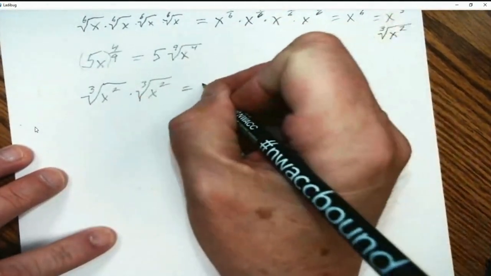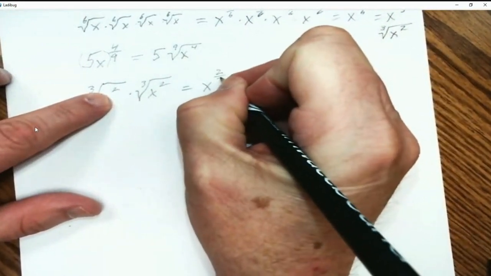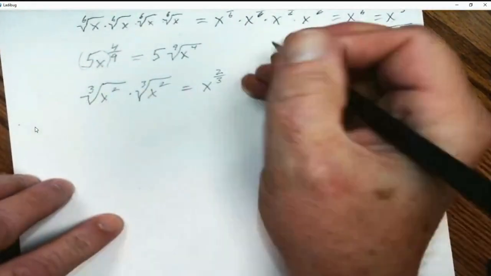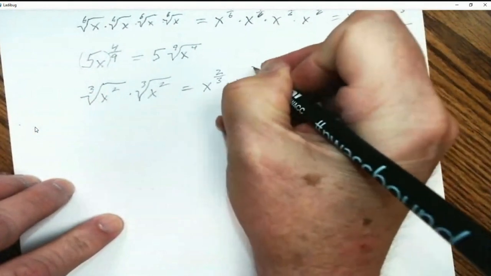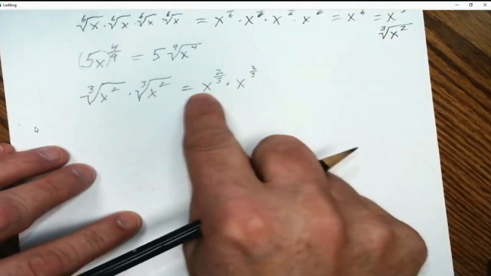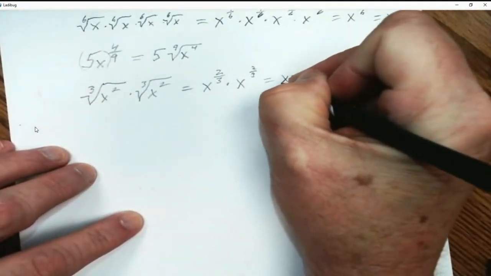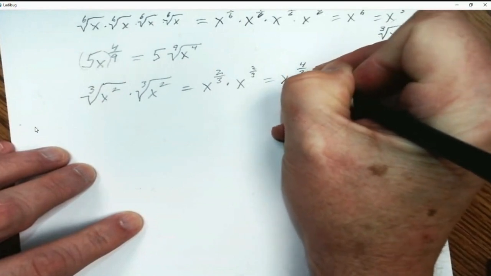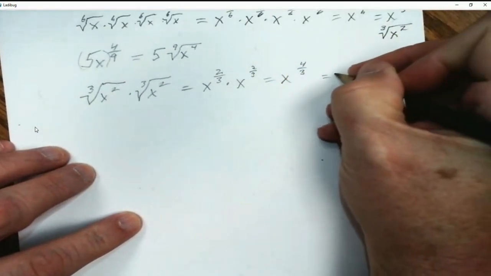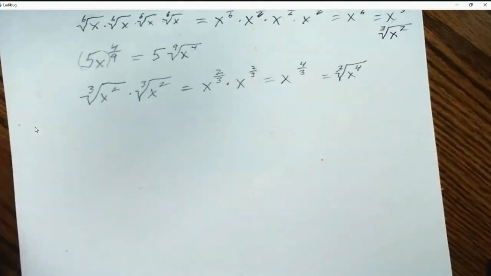So the cube root of x squared would be x to the 2/3 power. And it's the same thing. So remember, we can add those when we multiply. So it'd be x to the 4/3, which would be the 3rd root of x to the 4th.